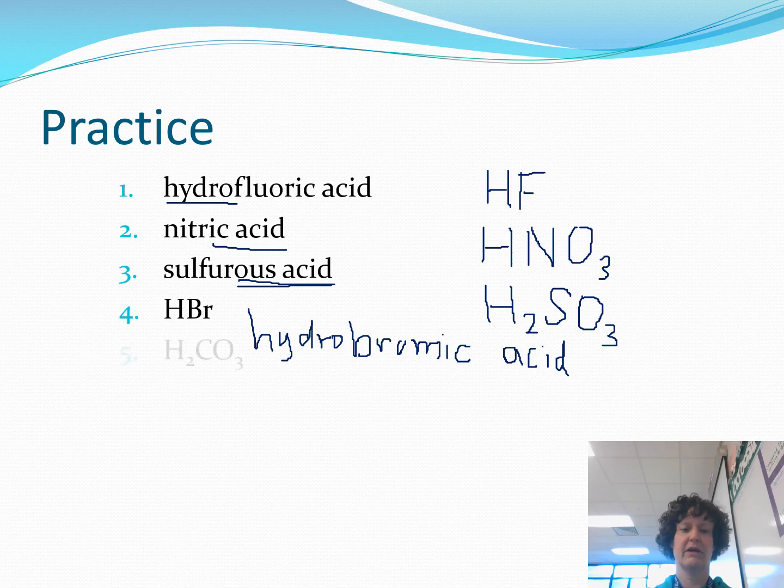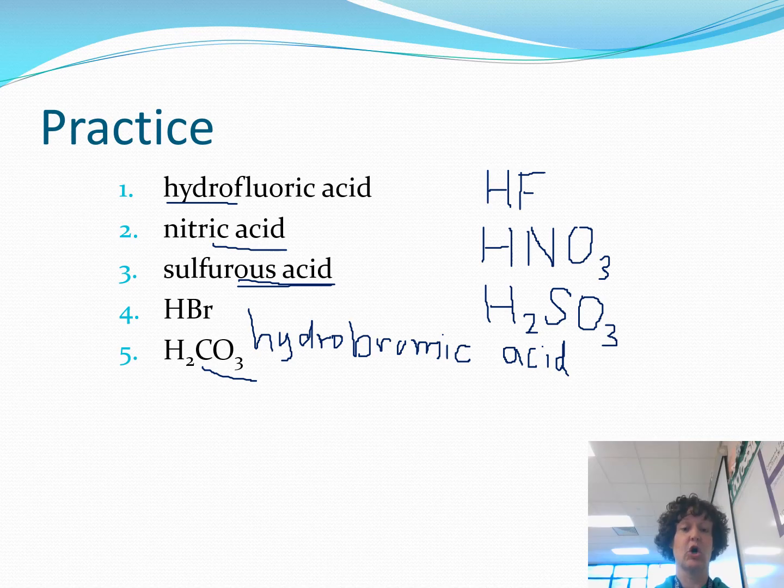All right, and I believe this is our last one. H2CO3. So H2CO3, binary or ternary? Right, this time it's going to be ternary. So ternary acids have polyatomic ions in them. All right, now CO3, find that on your list of polyatomic ions. What the heck is that?